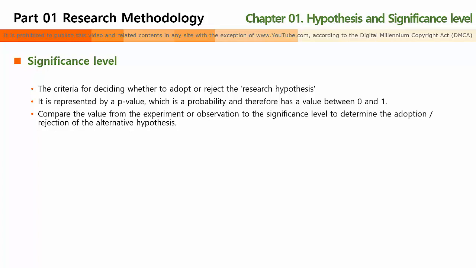Since the p-value is a ratio, a range of 0 and 1 is defined, which is convenient to explain and understand. After comparing the result from the research with the significance level, we decide whether to reject or support the null hypothesis. For example, if the significance level p-value is 0.05, in fact, this means that the null hypothesis is validated at 95%.